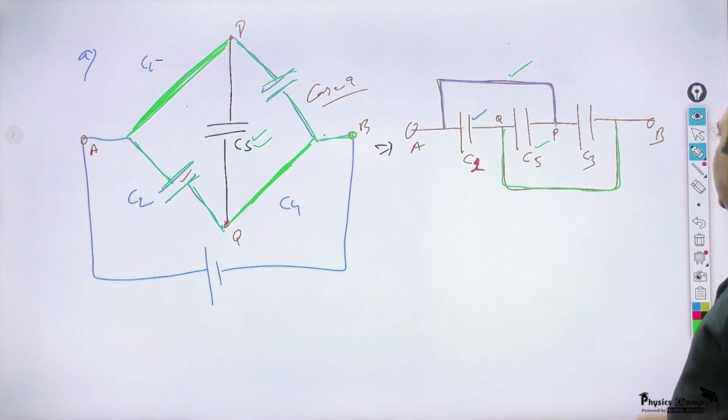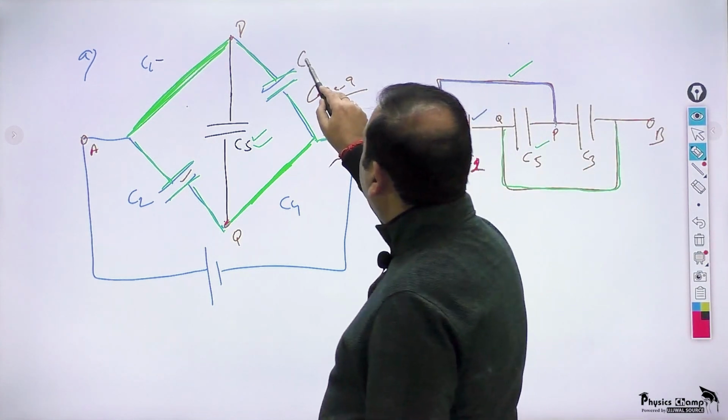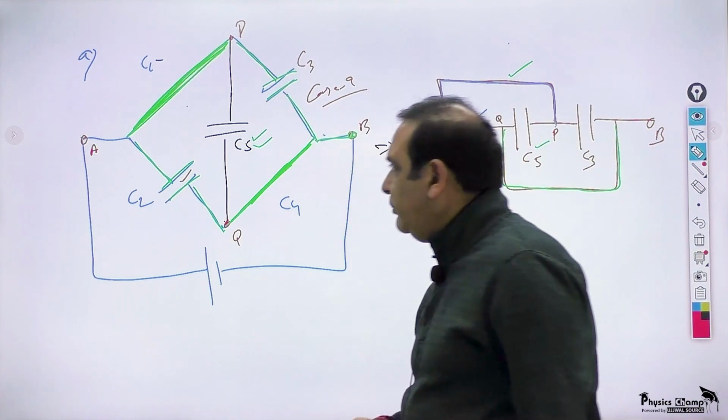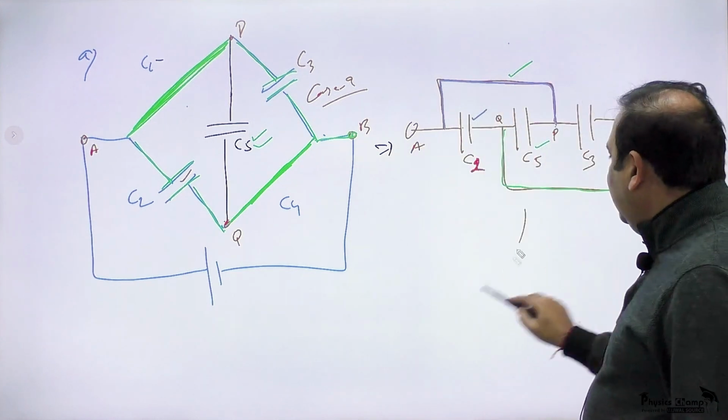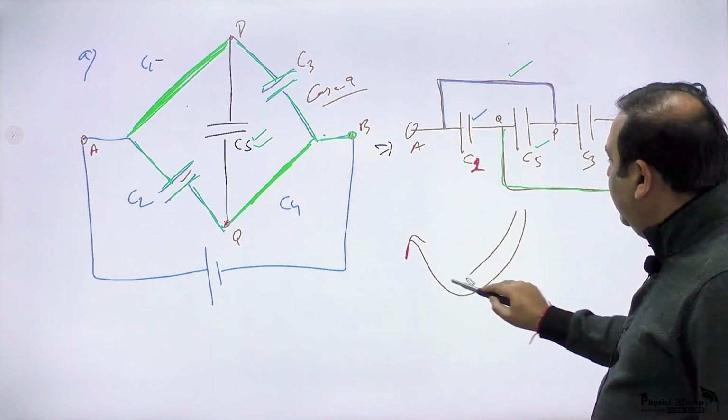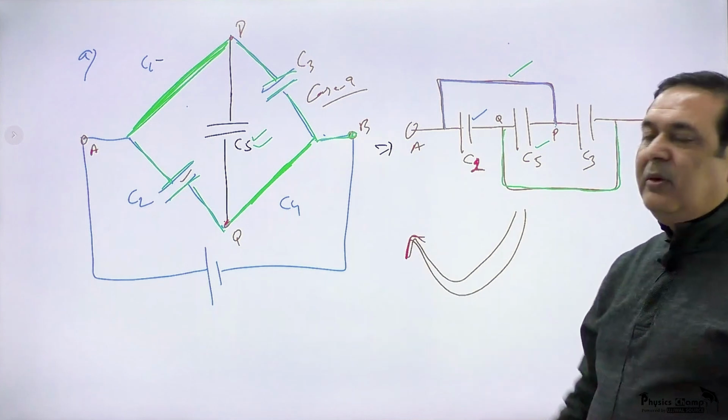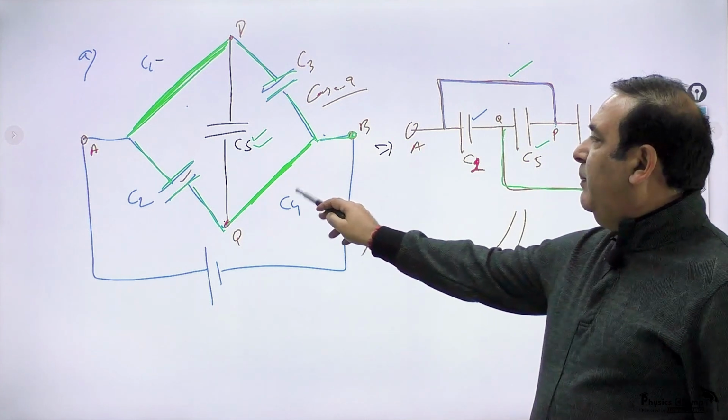And between P and B, you have C3. Now, this arrangement I have made in your known Wheatstone bridge arrangement shape like this.